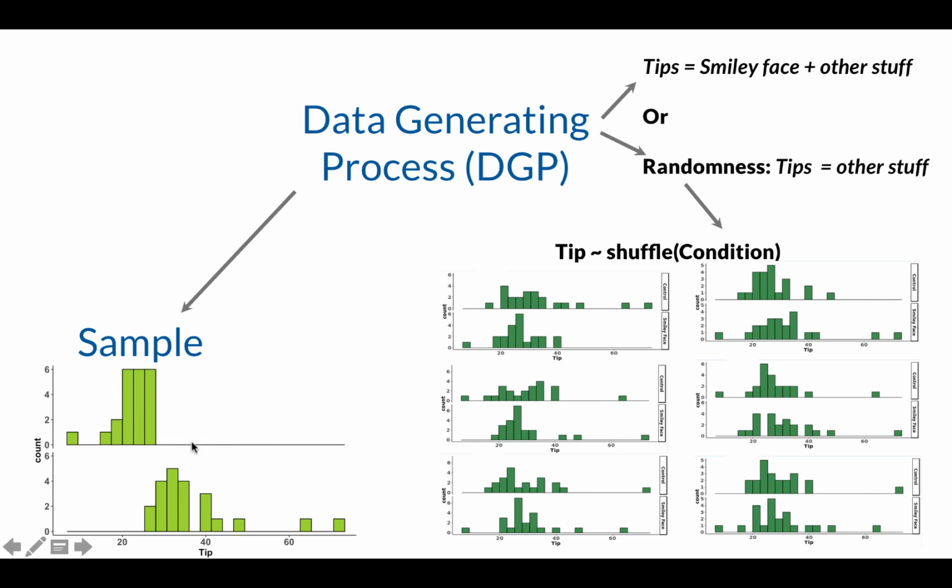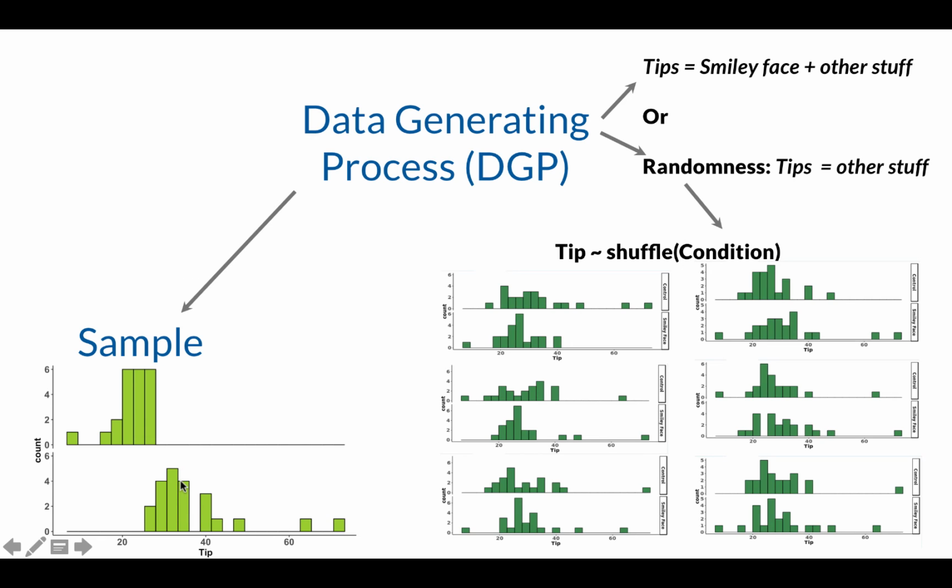Now let's think about how we would get a pattern of data like that through randomness. In order to get a pattern like that through shuffling, we would have had to randomly shuffle all the low scores into the control group and randomly shuffle all the high scores into the smiley face group. Now, that's possible.